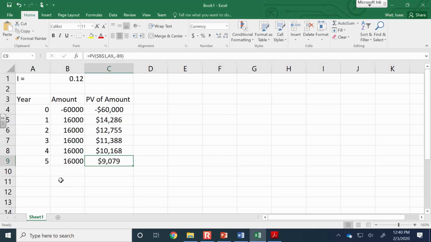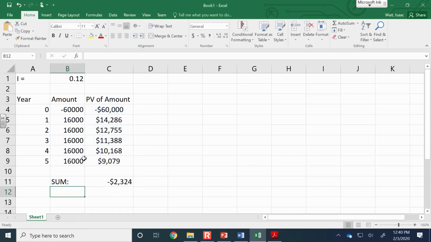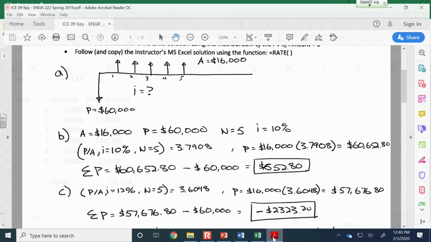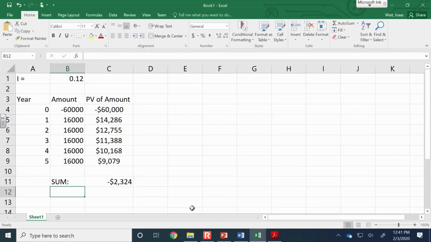Okay, so let's do the sum of these present values of the amount. So I'm going to use the sum function and highlight all of this, and if we did it right, we should get the same amount that we calculated by hand. And that hand calculated amount said 23,000-something and 20 cents. Let me show those cents again.